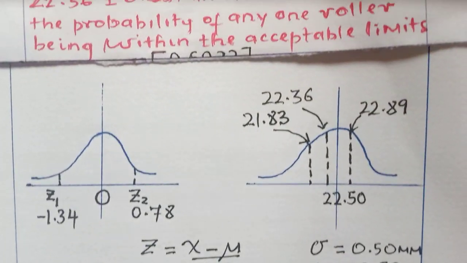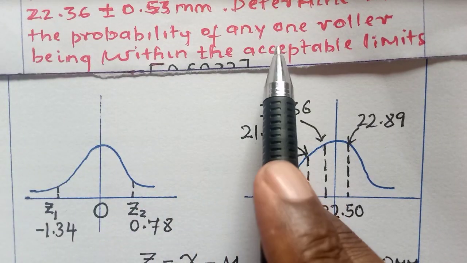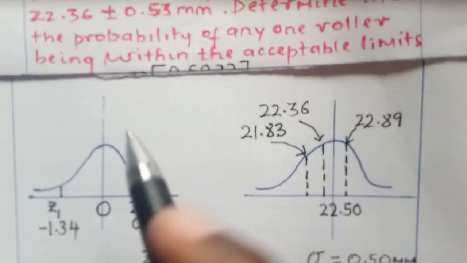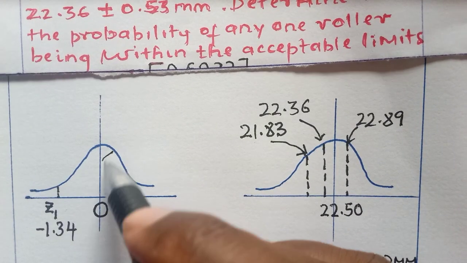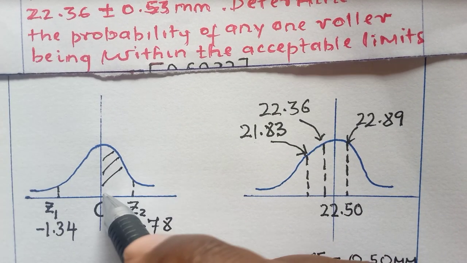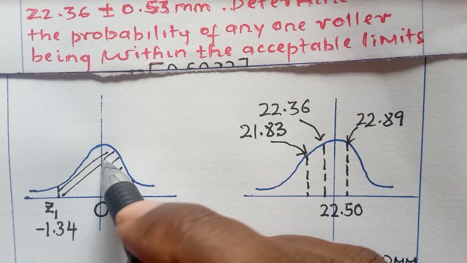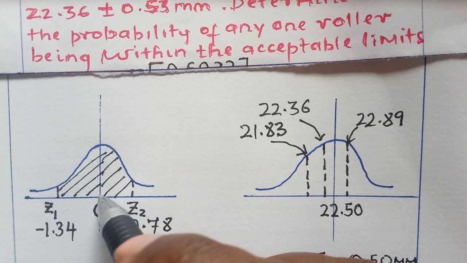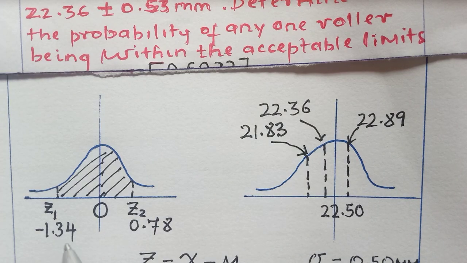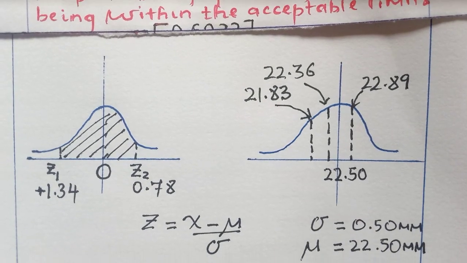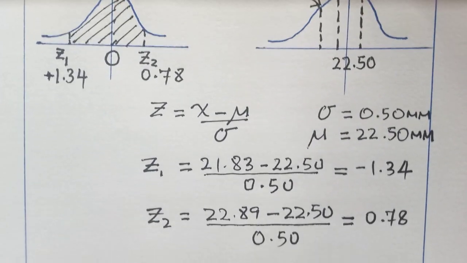Because the question asks, determine the probability of any one roller being within acceptable limits. So we have to check from the table for each of the following, 1.34 and 0.78. Because the table does not have negative, we consider it as 1.34.